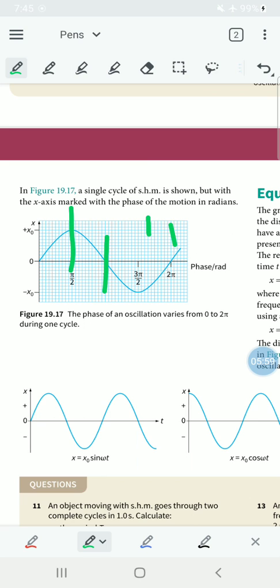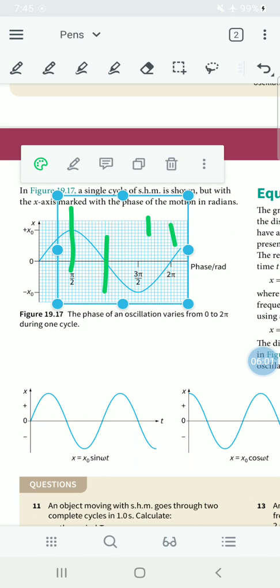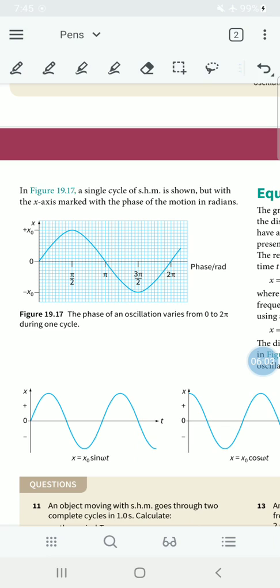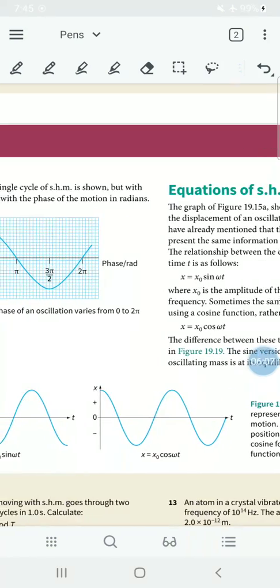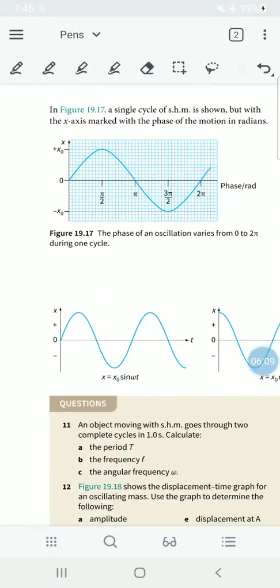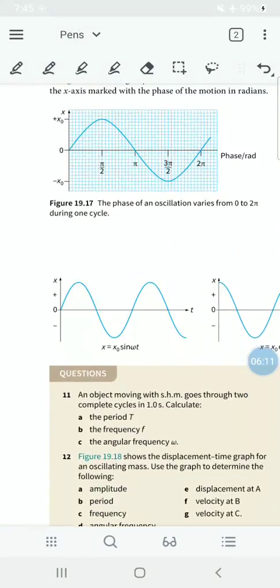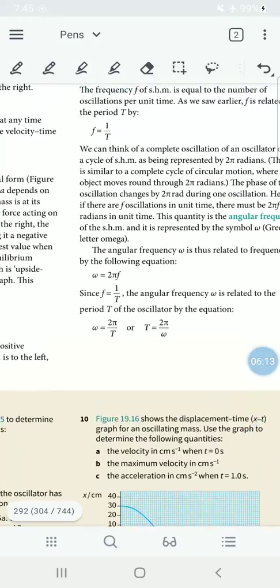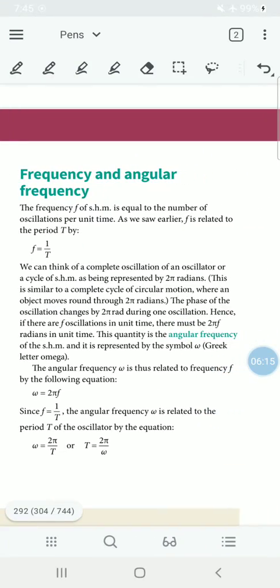That is how the phase would change. I hope you understood that. So that is the theory explanation for that.